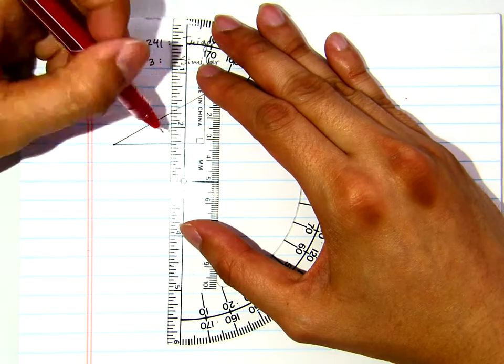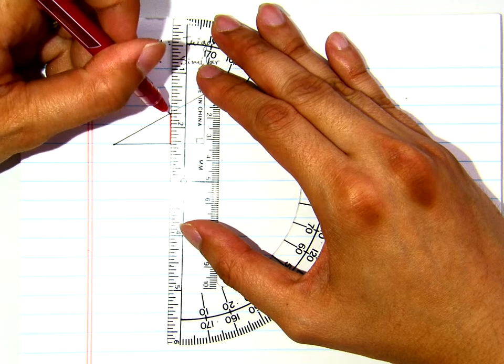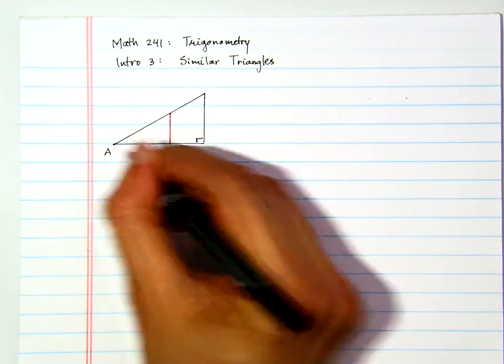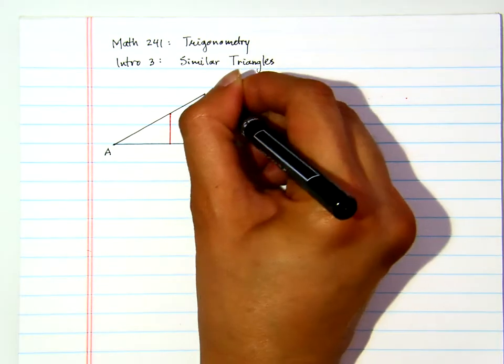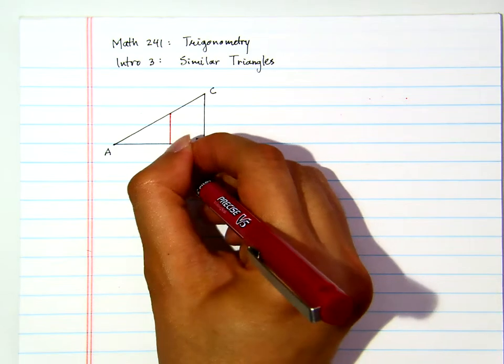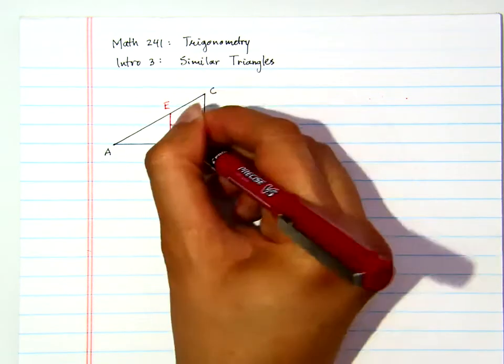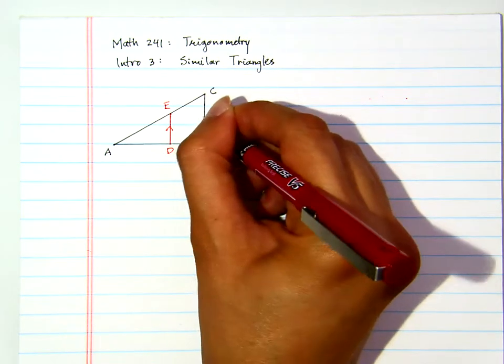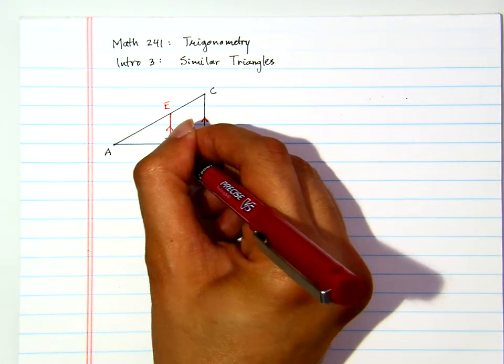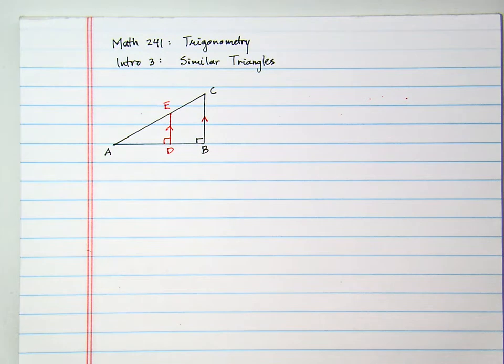So this line here will be parallel to the vertical side. Let's name it: this is A, B, C, and this is D, E here. Because DE and BC are parallel, angle ADE will also be a right angle.